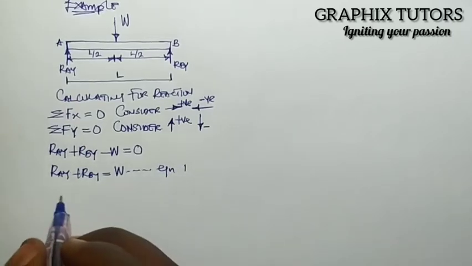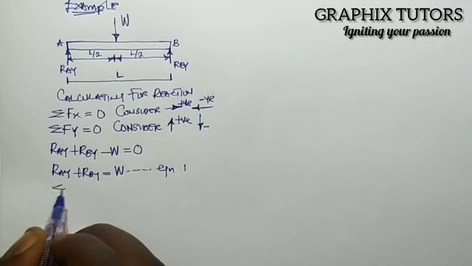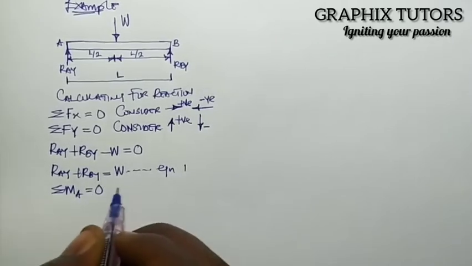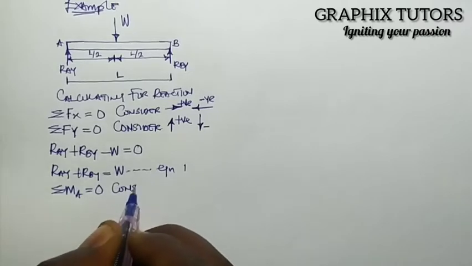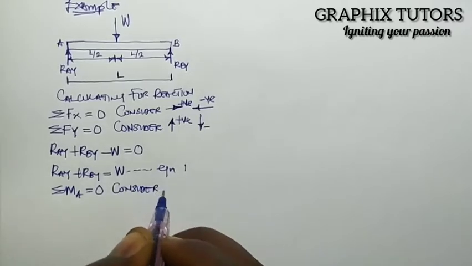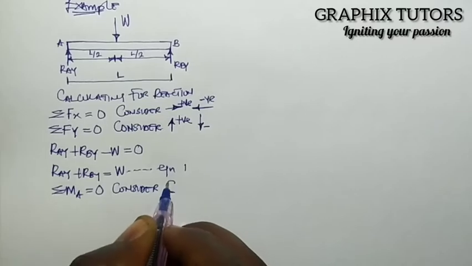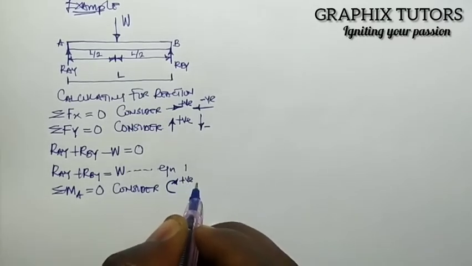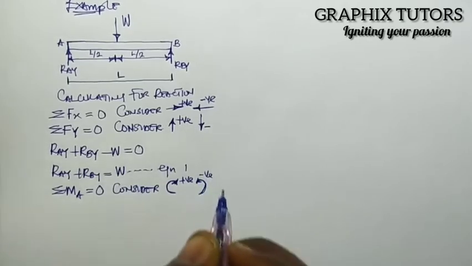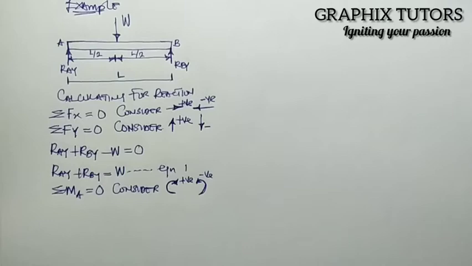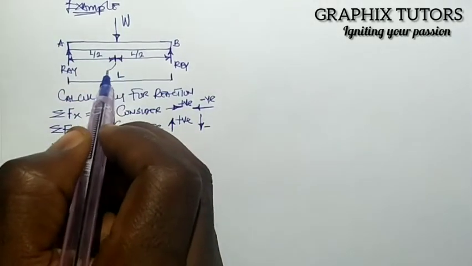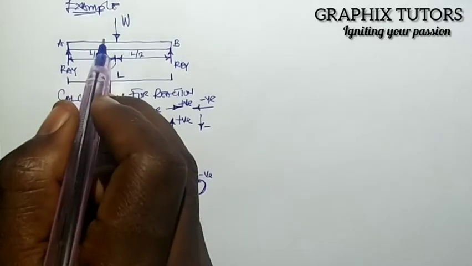Now the next thing we do is take moment. The summation of moment about point A equals 0, and we consider the clockwise moment to be positive and the anti-clockwise moment to be negative, right? Since you take moment about here, this force will be coming in this direction, and that is clockwise.